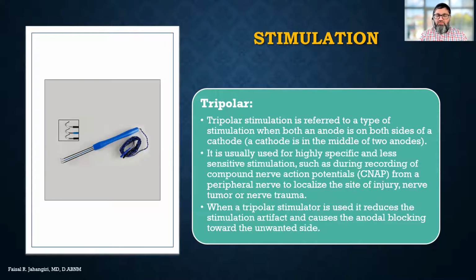When tripolar stimulation is used in these types of surgeries, it reduces stimulation artifact and causes anode blocking toward the unwanted signal. So for any case where we want to be very specific and identify a focal point, we use tripolar stimulation.